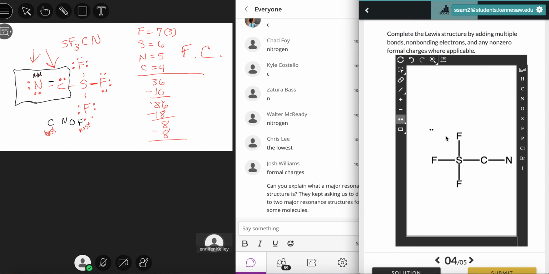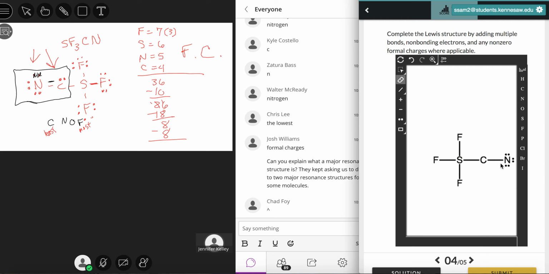All right, so I'll show you how to do that. Major resonance structure. I don't know why they call them major resonance structures. They're just resonance structures. I guess they're major because in some cases, okay, I'll show you why they're major. Hang on just a second.